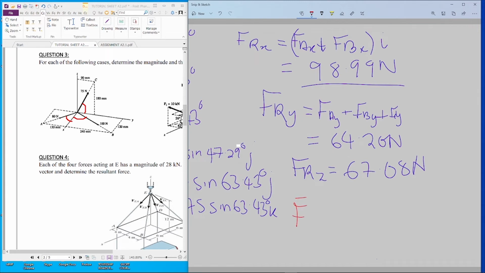F will be equal to 98.99 i plus, in this case we have 64.2 j plus 67.08 k, and you put it in brackets, you factor out the newton. So this is your FR, your resultant.